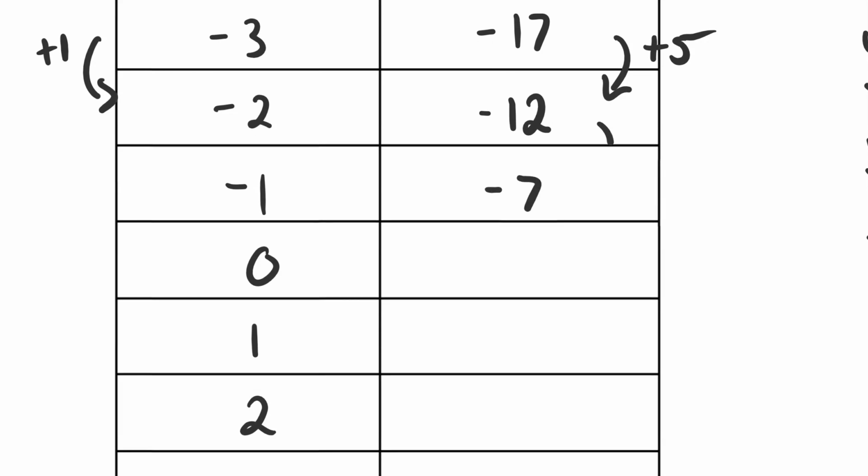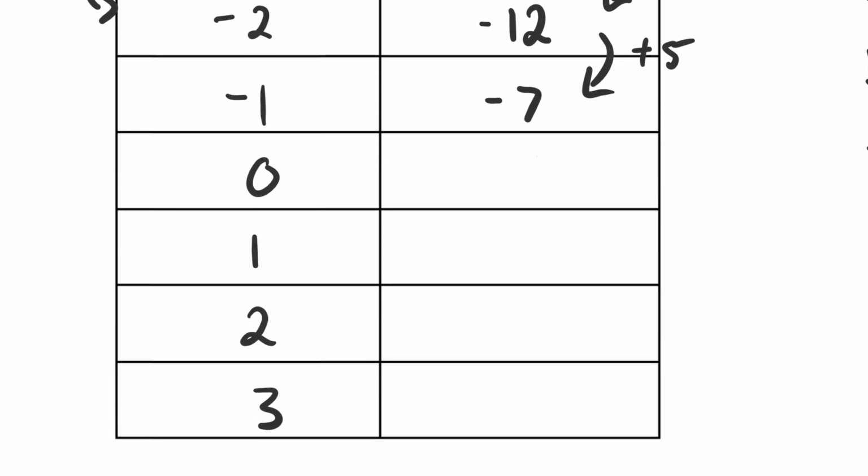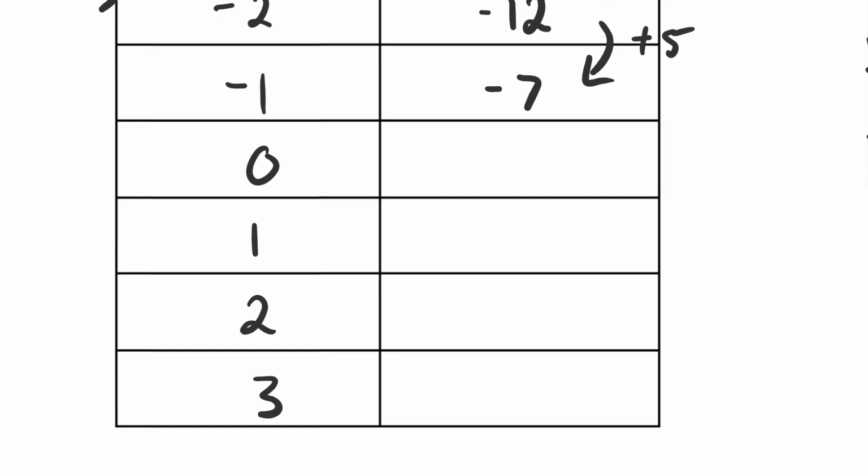So is this still true here where we had negative 12 to negative 7? Well, our change was plus 5. So that's going to be our change consistently every time we increase the x value by 1. So if we're increasing the x value by 1, now we're at 0, and negative 7 plus 5 leaves you with negative 2.